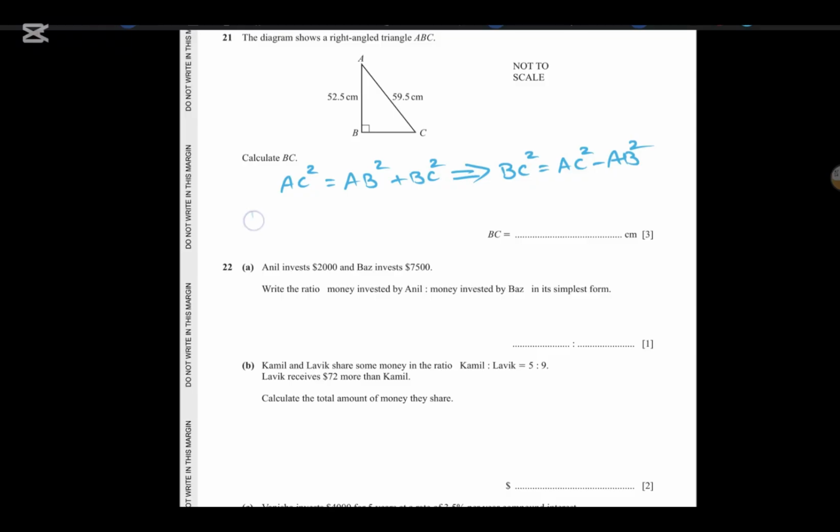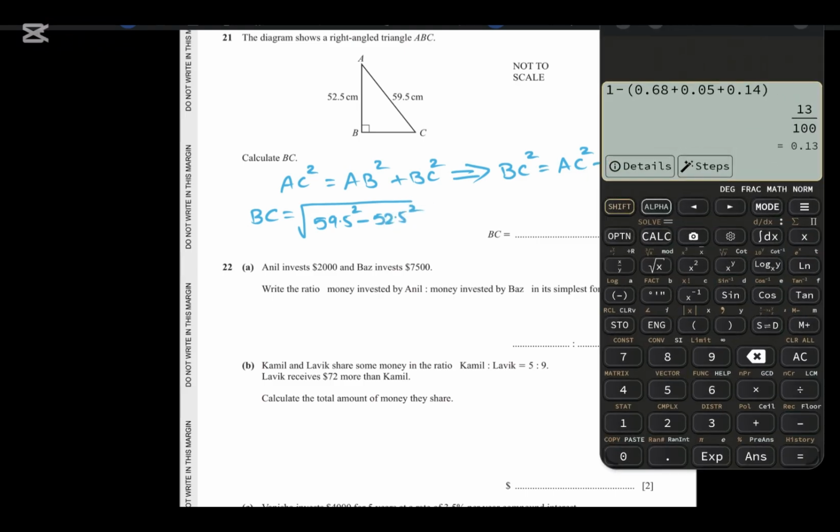So BC is equal to square root of 52.5 square. No, that is AB. I have to do AC. AC square. So 59.5 square minus 52.5 square. Find out.